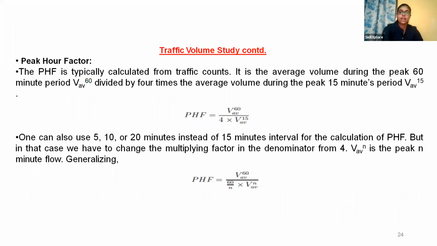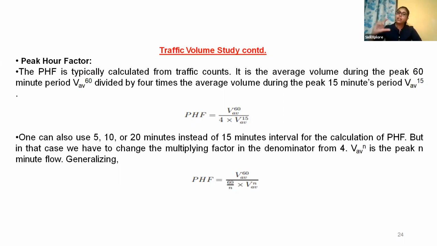Then peak factor. We'll see a problem on peak factor also in the upcoming slides. Here the peak hour factor is typically calculated from the traffic counts. It is the average volume during the peak 60-minute period. We will be learning more in the upcoming problem.